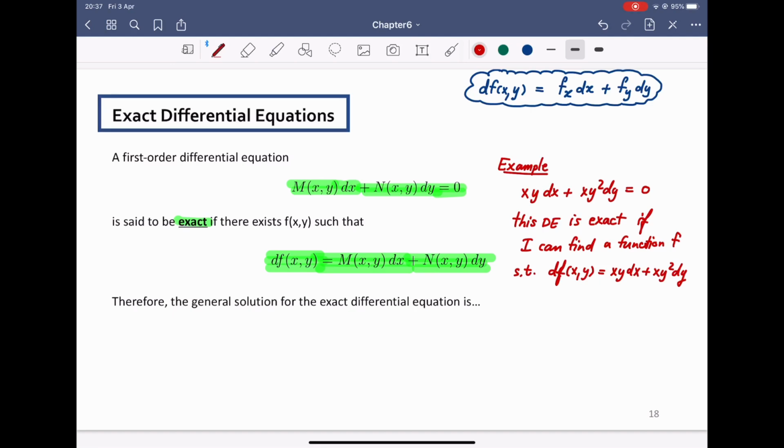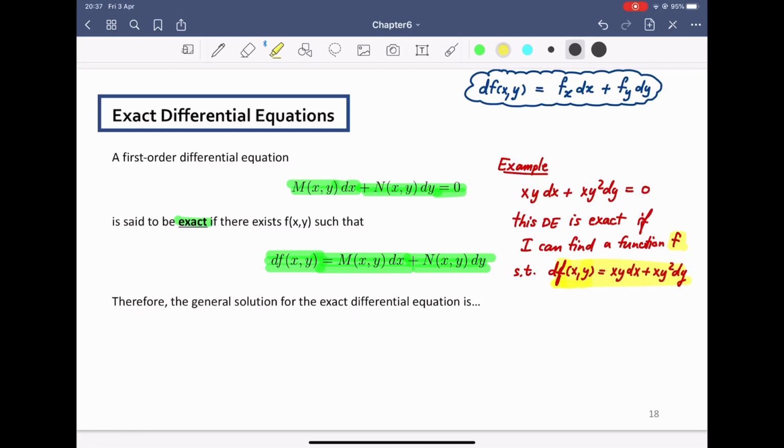The main question is, does a function f exist? That is the main question for exact differential equations. Sometimes you can find such a function f that fits the equation that I highlighted in yellow here.